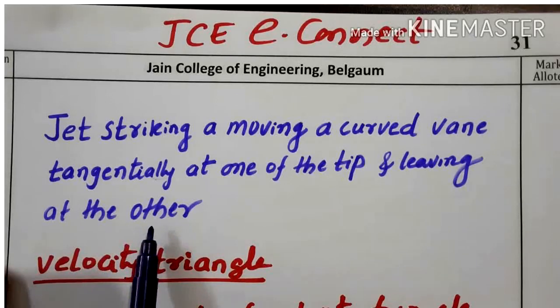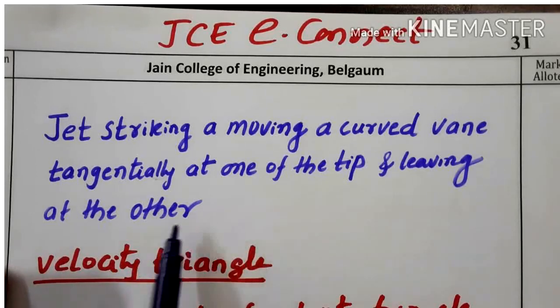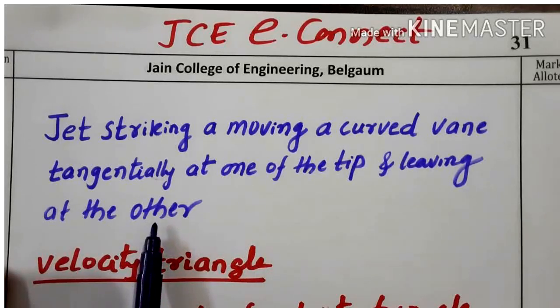In previous lectures we took a moving case also, where the jet was striking at the center and the vane was moving in the direction of the jet, and there the vane was placed symmetrically about the x-axis.